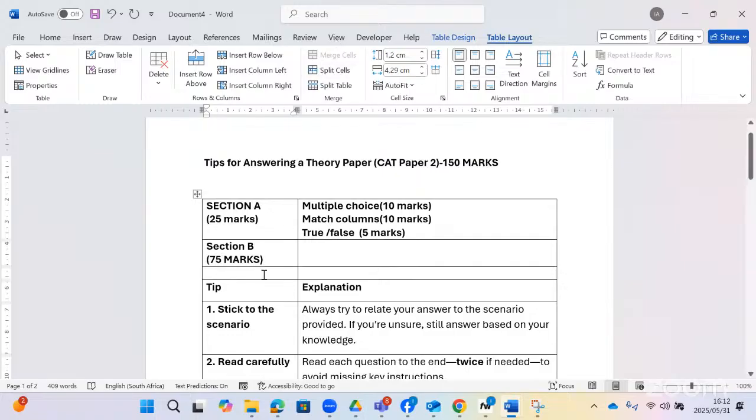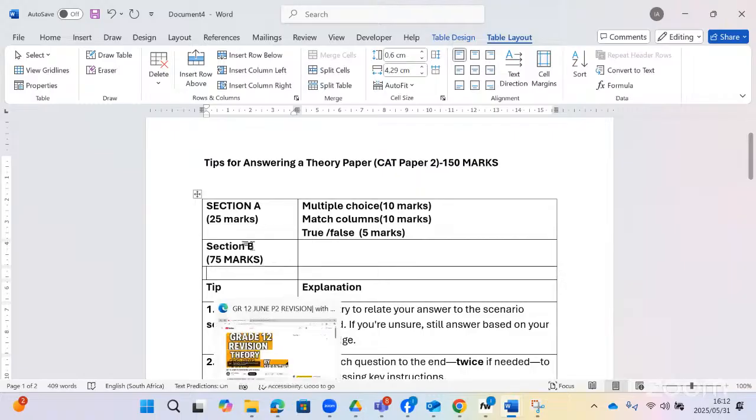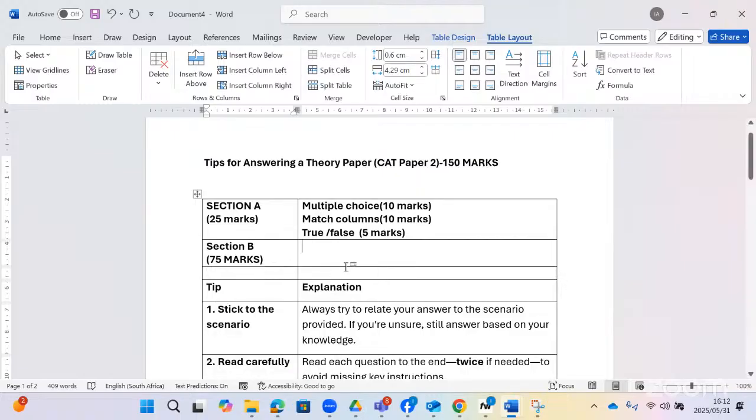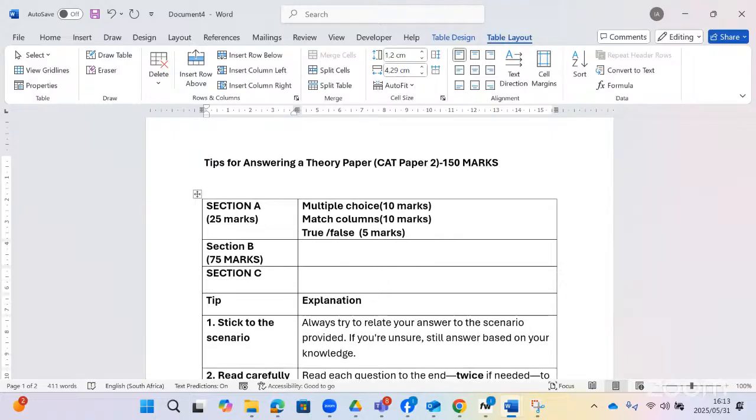Then section C will be a total of 50 marks. So this is the breakdown of the theory questions, whether June or final examination.